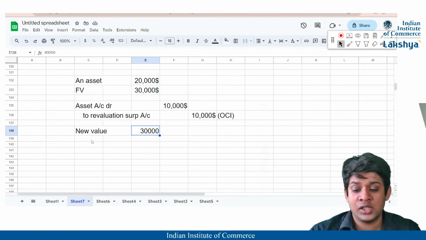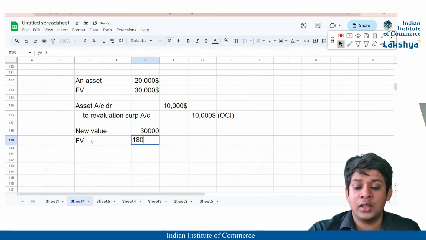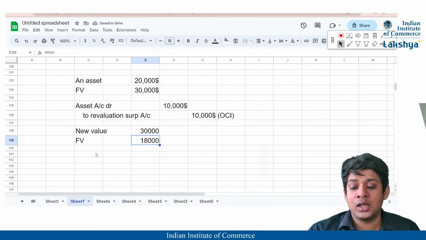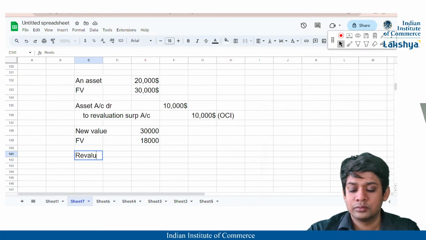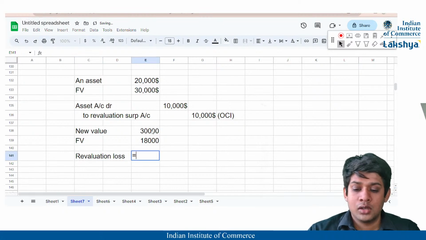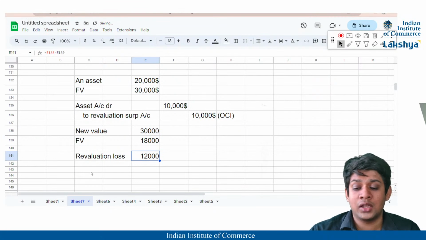Maybe say my carrying value is now 30,000, but the fair value in the market is only 18,000. So that means this is a revaluation loss. Technically the revaluation loss is 30,000 minus 18,000, which is 12,000.